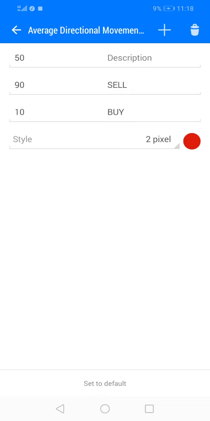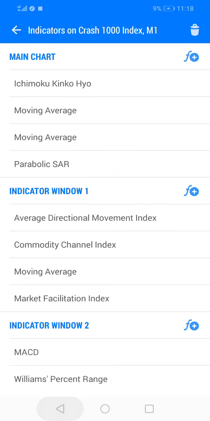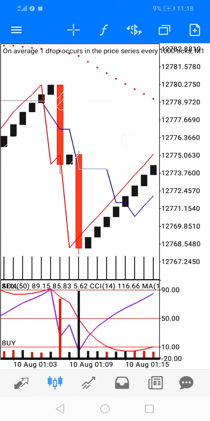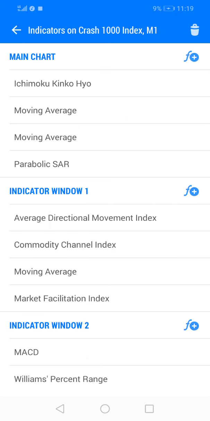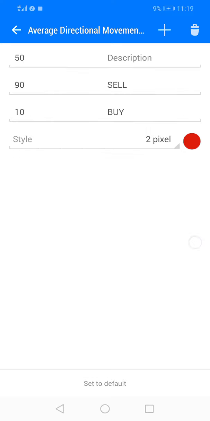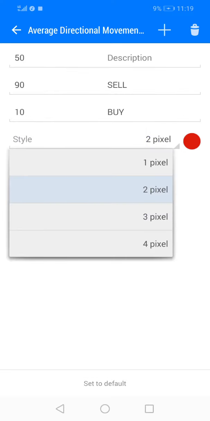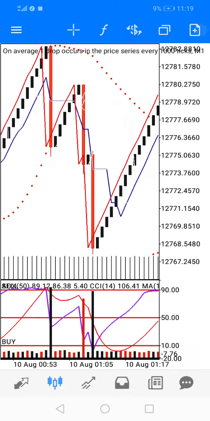On the levels I'm going to take 50, 90 and 10. So on this we just take the levels.